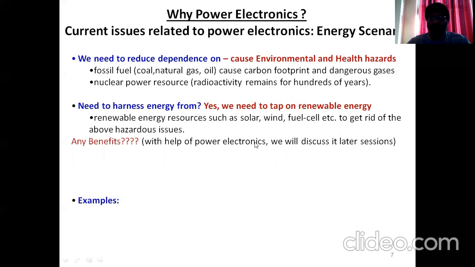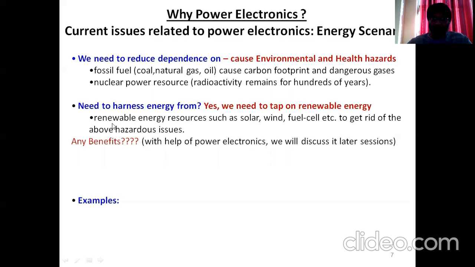Use power electronics. This is the link that we have to make: why power electronics can become an important thing for normal day-to-day life, where we have minimized environmental and health hazards.